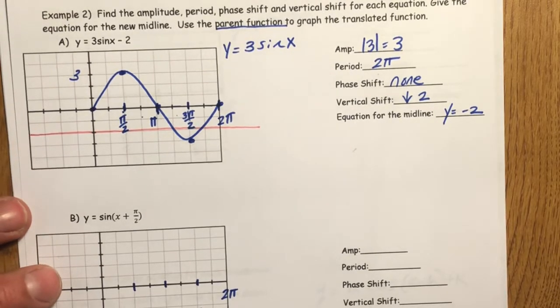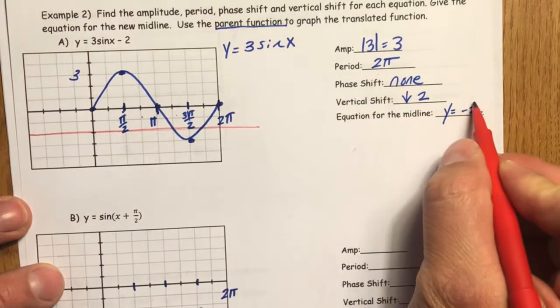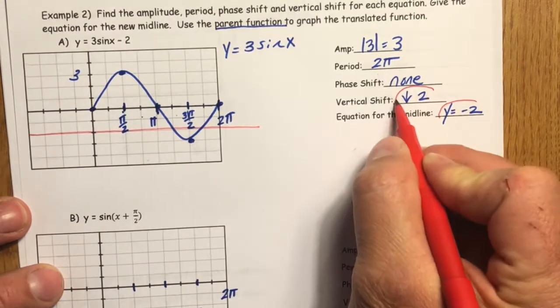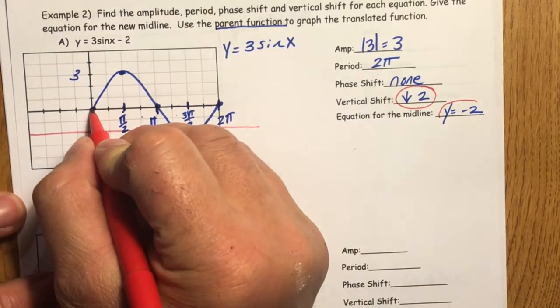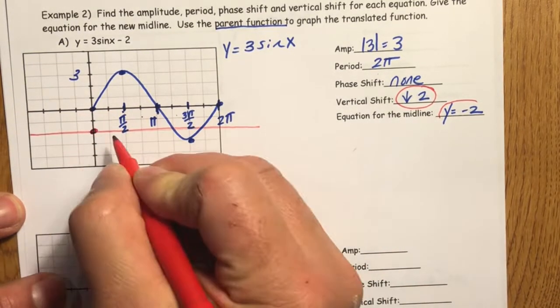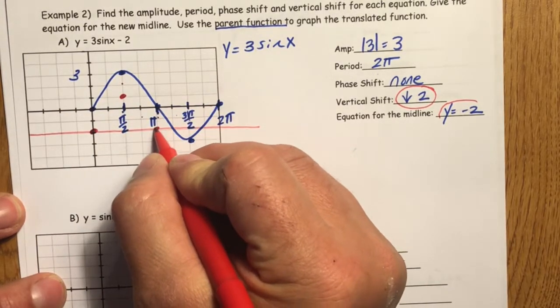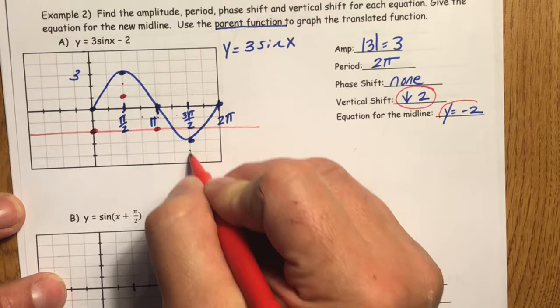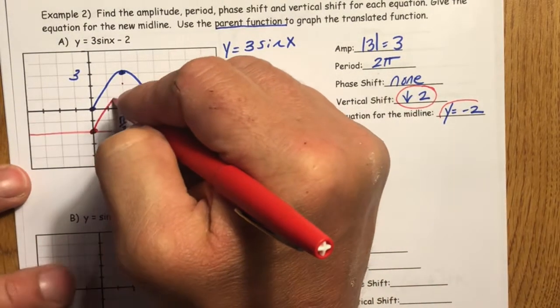All right, so now we're going to take this blue line and apply this vertical shift. So each of these points, I'm going to move down 2 units. 1, 2, 1, 2, look how easy this is. 1, 2, 1, 2. And then you just reconnect.